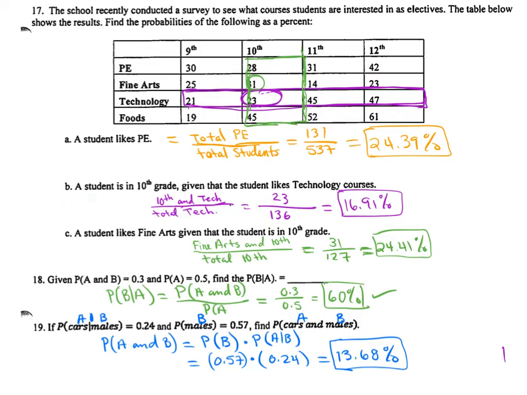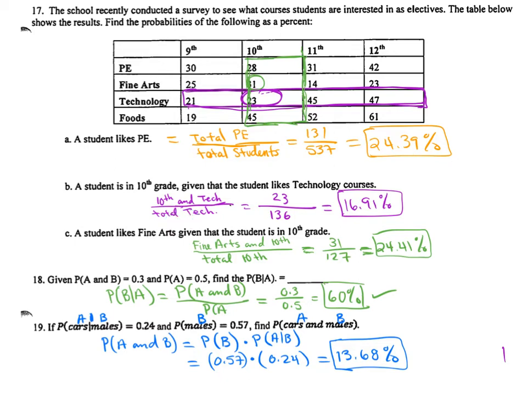Question B says, what's the probability that a student is in the 10th grade given that the student likes technology courses? Well, on the bottom, we need to find the total of the technology courses.